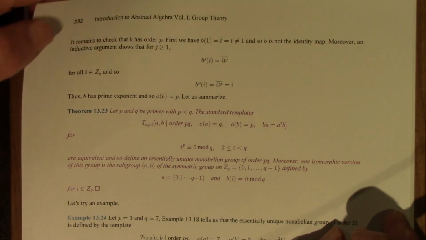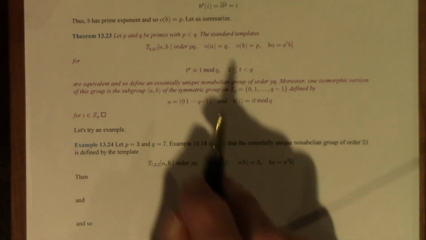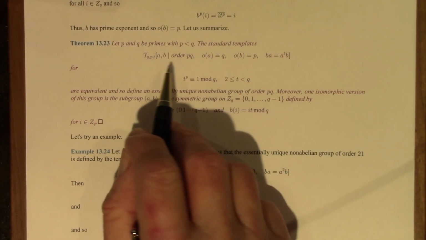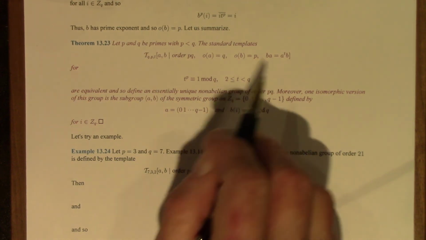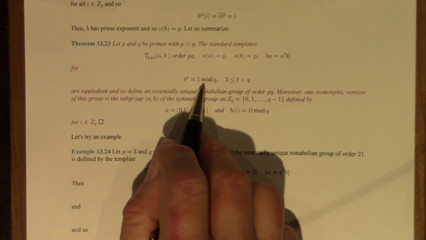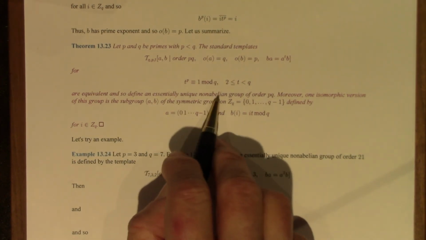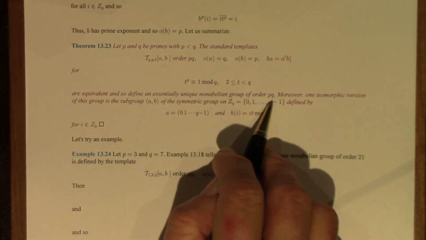And we can summarize. Let P and Q be primes with P less than Q. The standard templates, the valid ones, are equivalent, and so define an essentially unique group of order PQ.